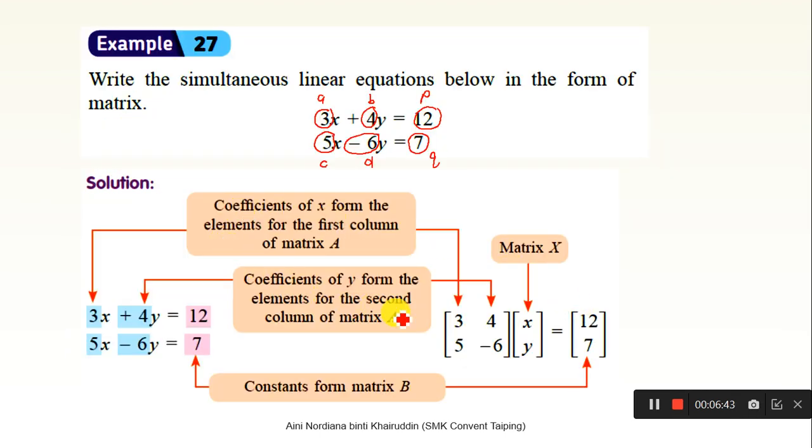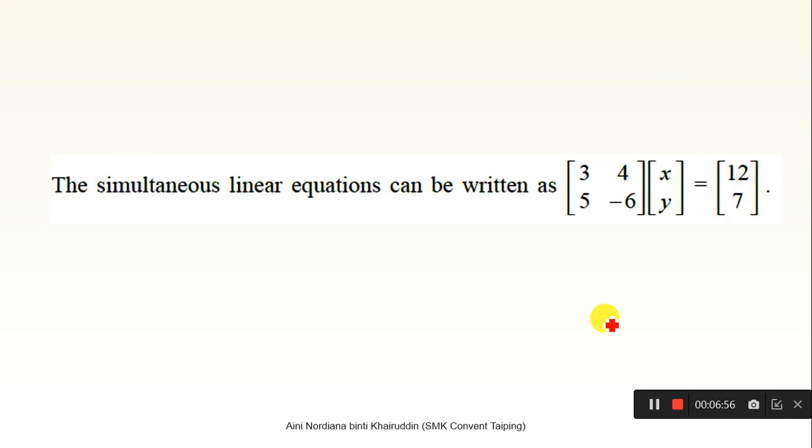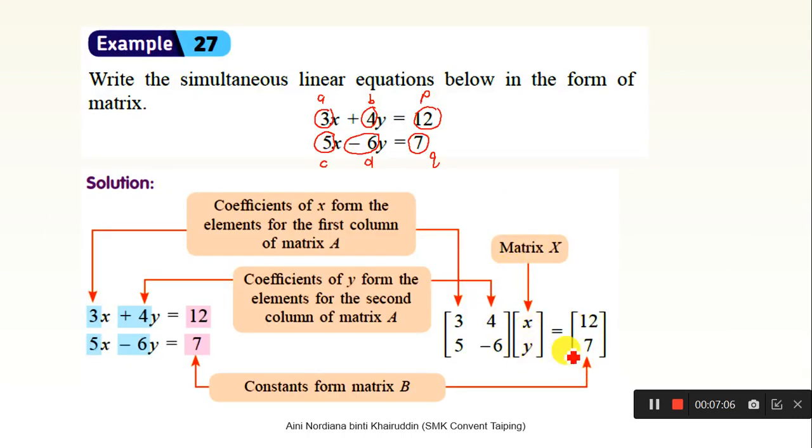Okay, next. We have already substituted all the values of a, b, c, d in the matrix, and the values of p, q here. So the simultaneous linear equation can be written like this, same as just now.